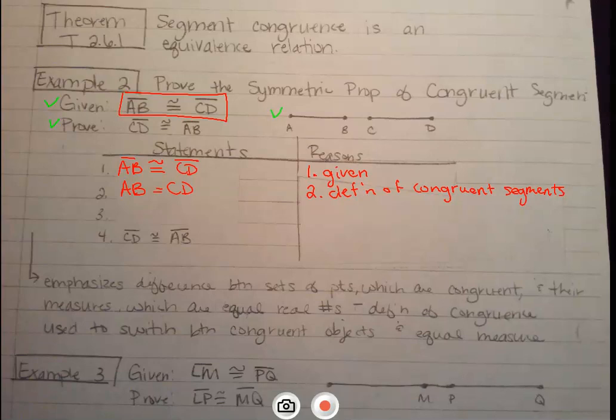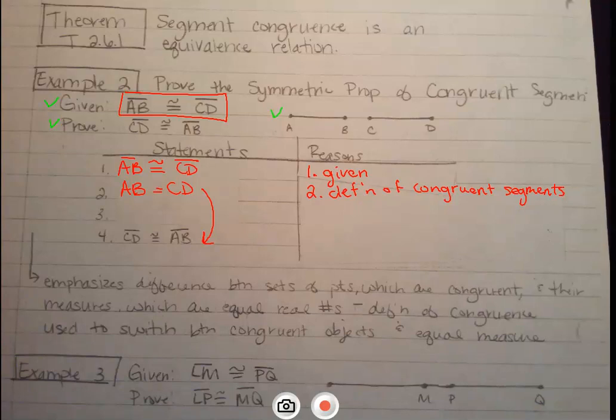So where are we going to go from here to get here? You switch around to be what? Because they are switched around here, right? We have segment CD is congruent to segment AB.